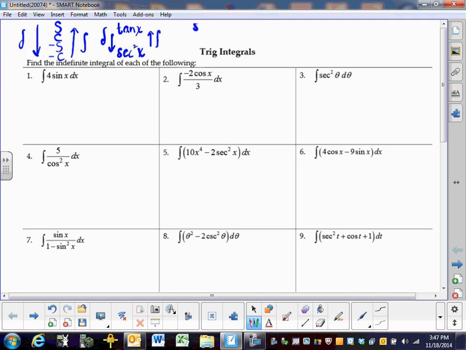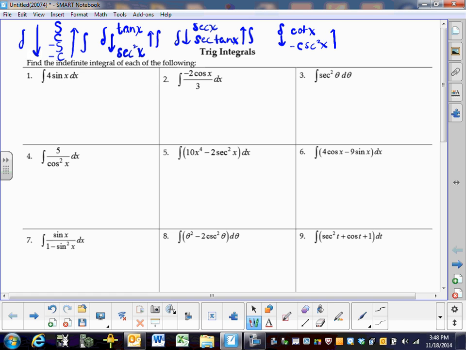The derivative of secant, down for derivative, is secant tangent. Up for integral means the antiderivative of secant tangent would be secant. Derivative of cotangent is negative cosecant squared.